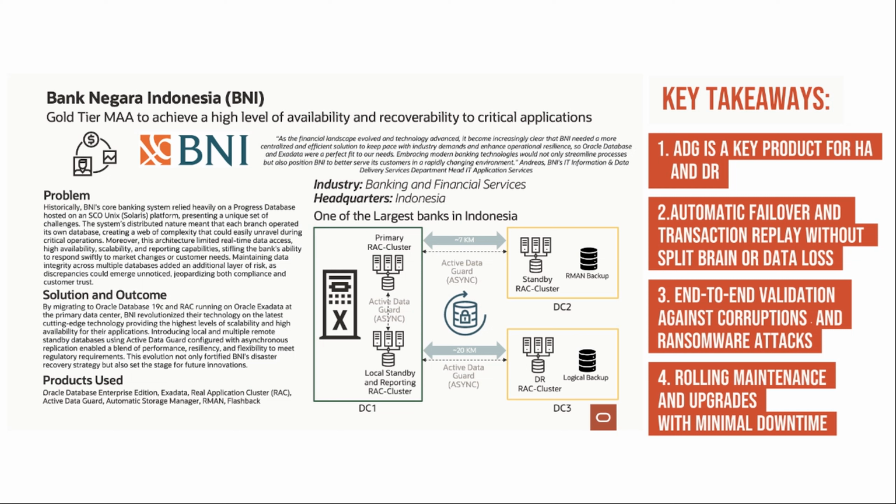In this situation, now with 23ai, you can take advantage of Application Continuity or Transparent Application Continuity to hide the switchover time and do this rolling maintenance with zero downtime for the application. So these are some of the key takeaways for today.